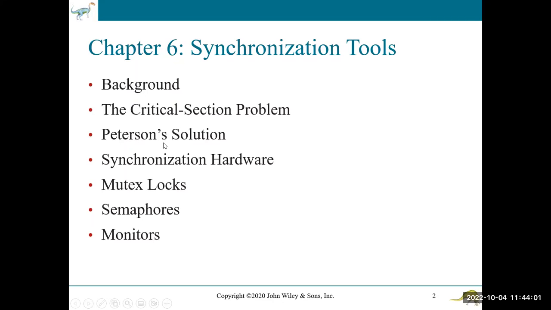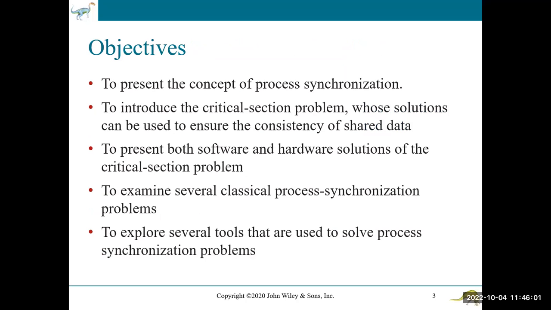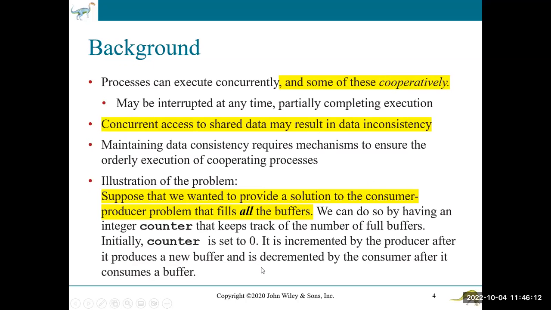So you're going to hear quite a bit about the classical problems that present with process synchronization. One of the first that we'll review is called the critical section problem. So there are software and hardware solutions. So let's get started.